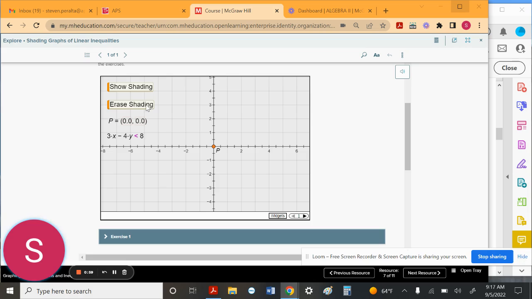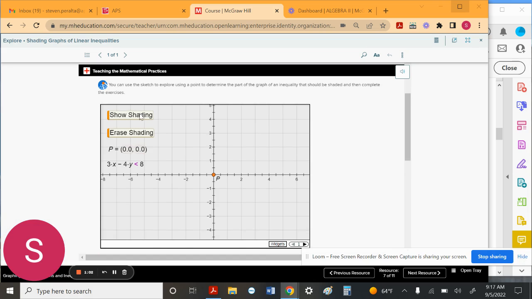So let's go ahead and show the line, hopefully. I haven't done it. You can use the sketch to explore. So I have a point here at -2. I wonder if I can do that. Erase shading. Okay, I probably should have done this first and seen how to do it, but I know how the line's going to look.